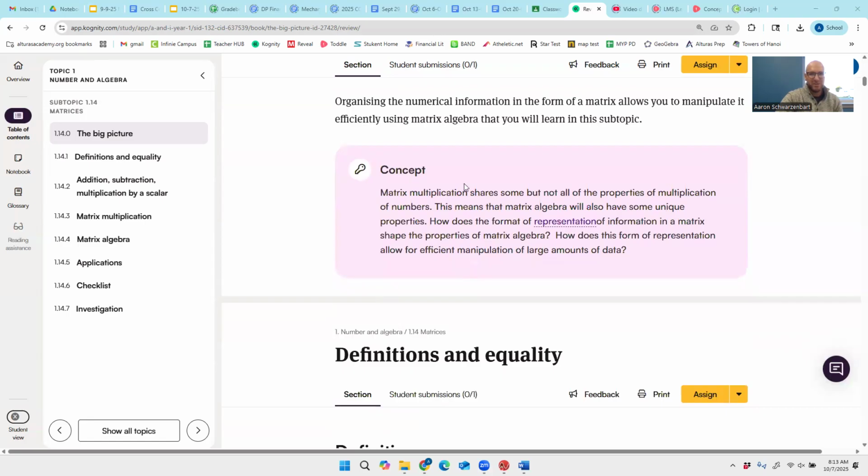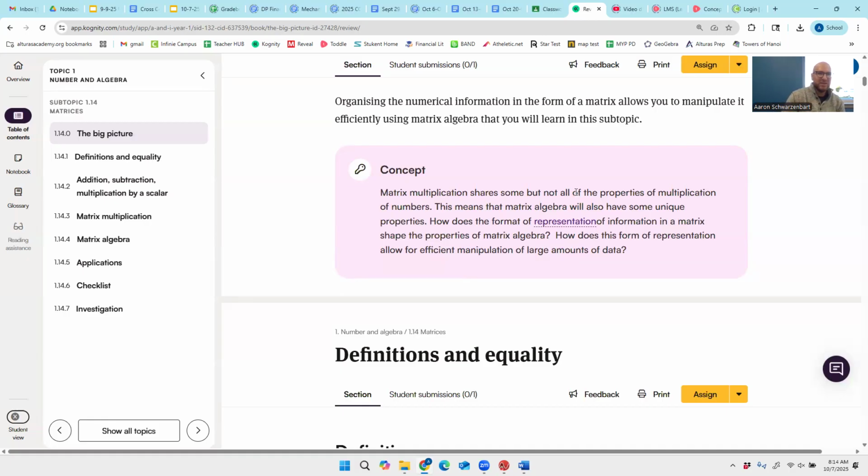Matrix multiplication shares some, but not all, of the properties of multiplication. Matrix multiplication is not commutative. You cannot switch the order. You can, however, switch the grouping. It is associative, as long as you keep them in the same order, whichever ones you multiply first.